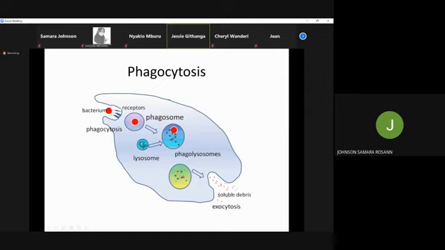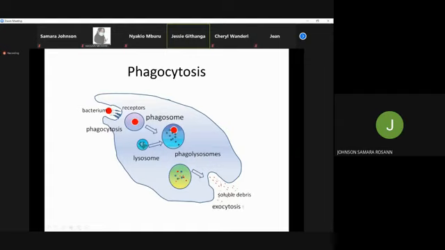Then the lysosome, which was already in the cell, now comes in and joins with the phagosome to form the phagolysosome. And the lysosome then releases those enzymes and peroxide, and these now digest the bacterium or the dead tissue, leading to soluble debris, which will be removed by exocytosis.